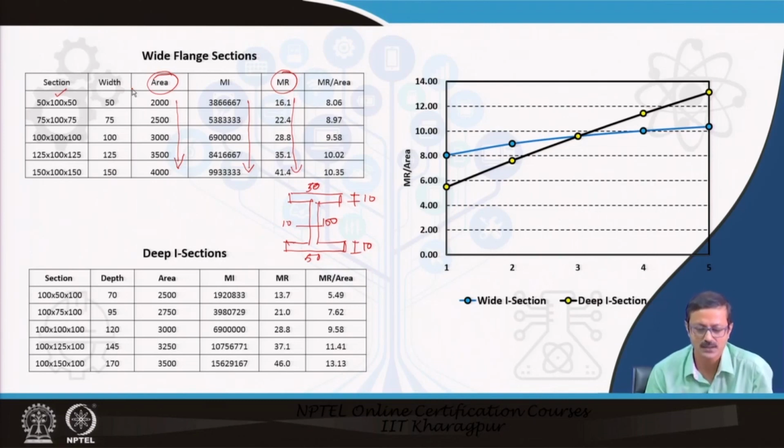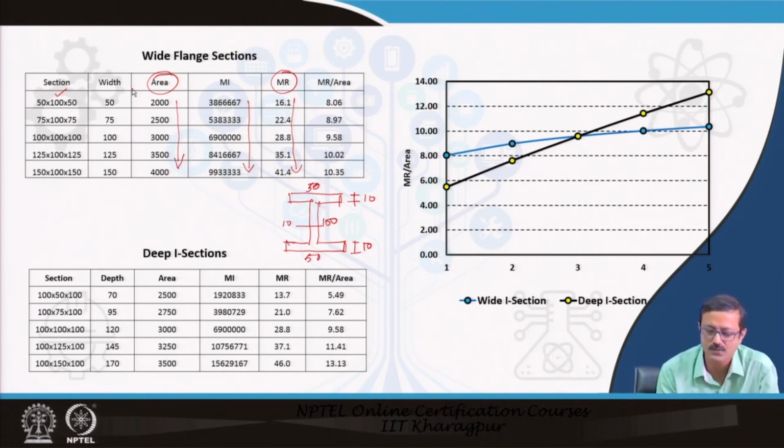As the area is smaller, I am very happy, because I have to pay less, the cost will be less, and MR has to be increased so that my beam is much stronger. So if the MR by area ratio is higher, I will be very happy, because of less area and a high amount of MR.